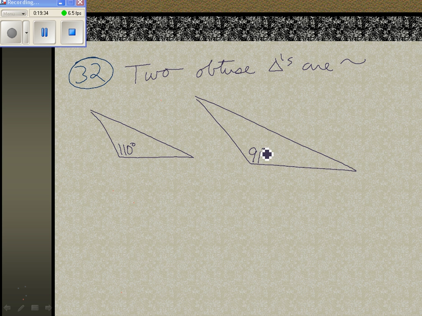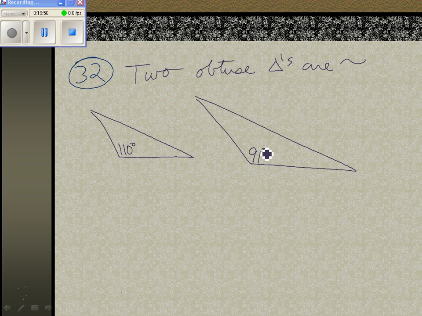Are these 2 triangles going to be similar to each other? Remember, corresponding angles have to be what to each other? Congruent. Is there any way that one of these other 2 angles is going to be congruent to that 110? No, because a triangle can only have one obtuse angle.